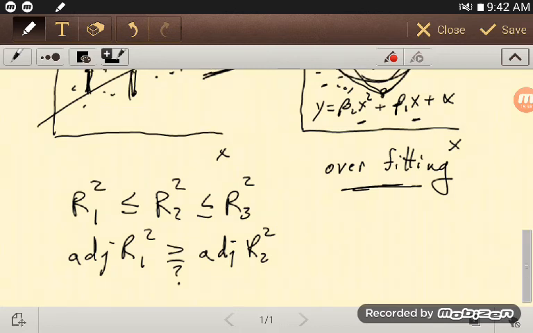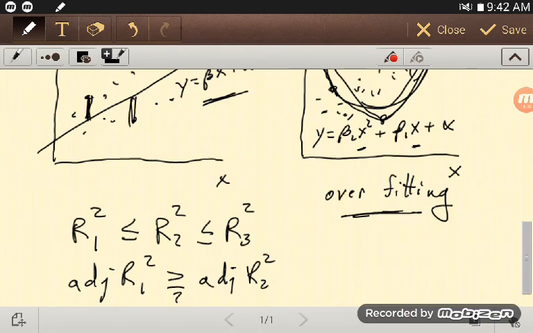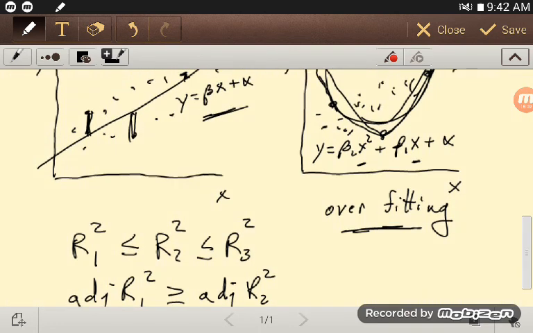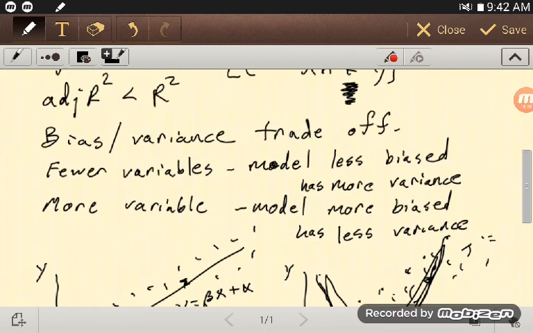Okay, but that is this difference of R squared and adjusted R squared. We use our adjusted R squared to help us not overfit.